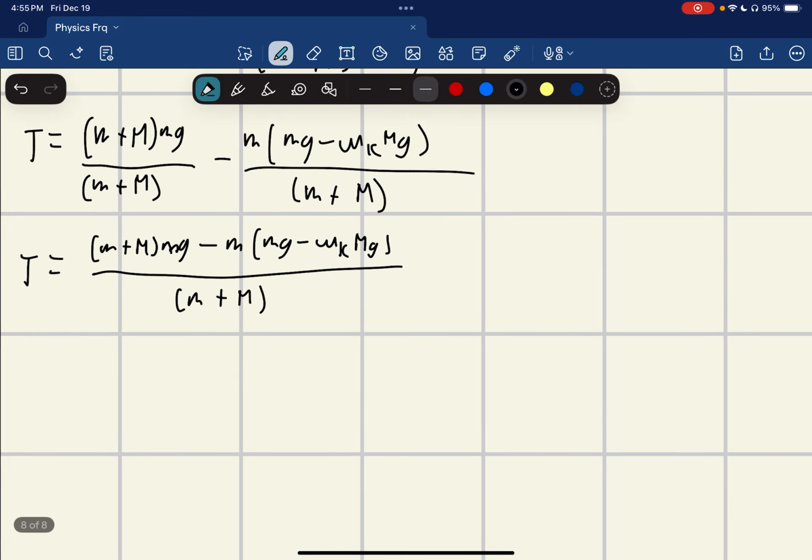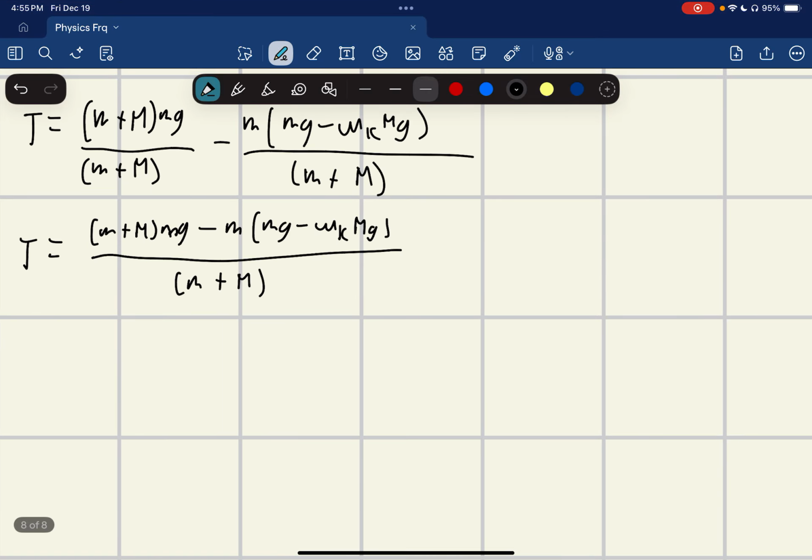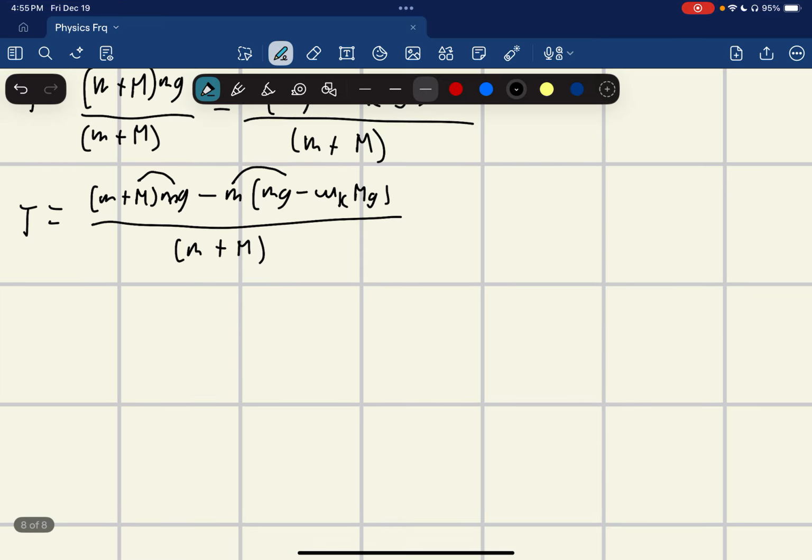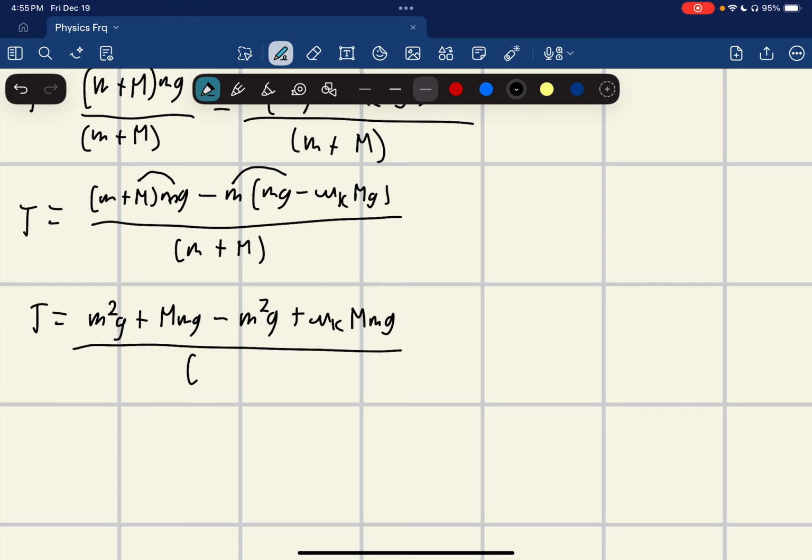Okay. Here I would then distribute the mg to the parentheses and the negative m to the parentheses as well. So it'd be T is equal to m²g plus Mmg minus m²g plus μk M m g, all over (m + M).